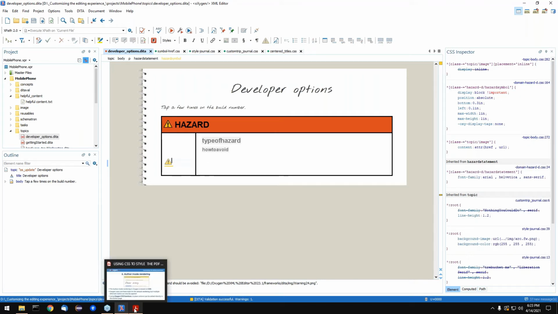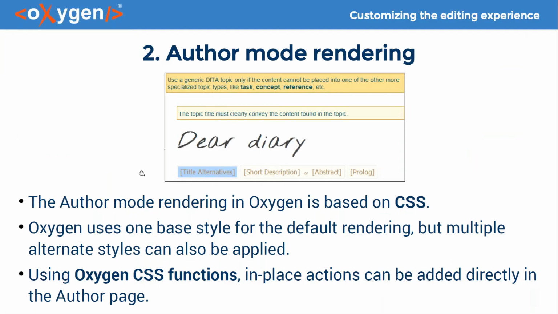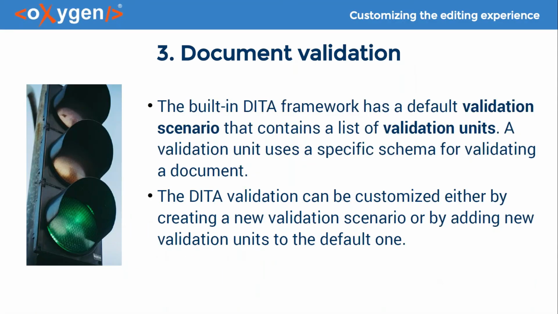All right, let's move to our third topic and discuss the document validation customization. The built-in DITA framework has a default validation scenario. And this scenario contains a list of what we call validation units.